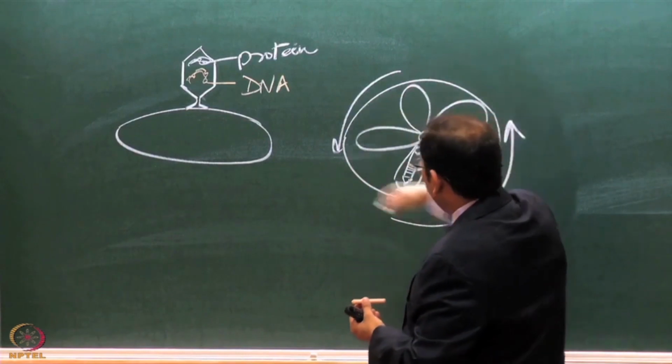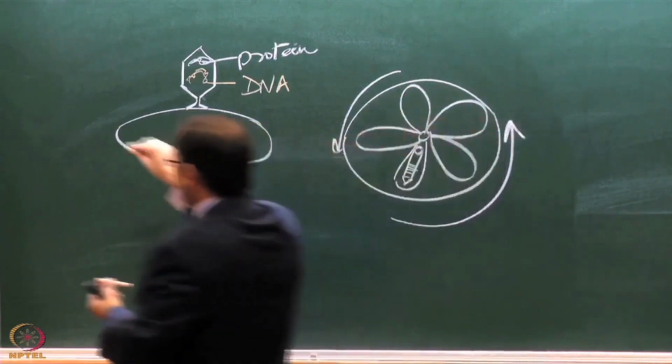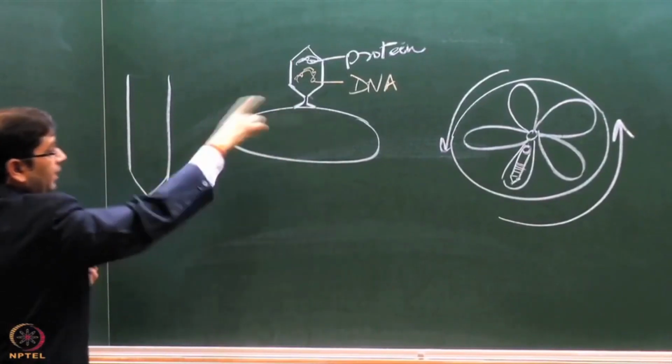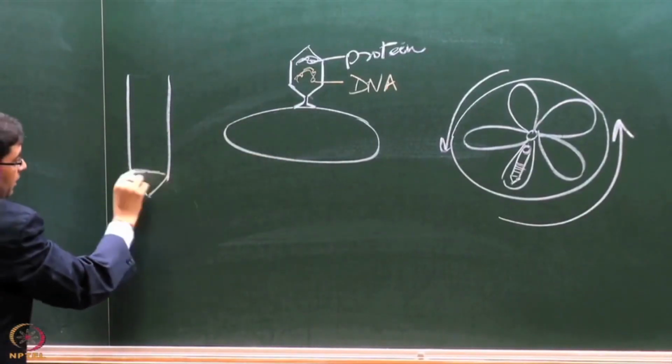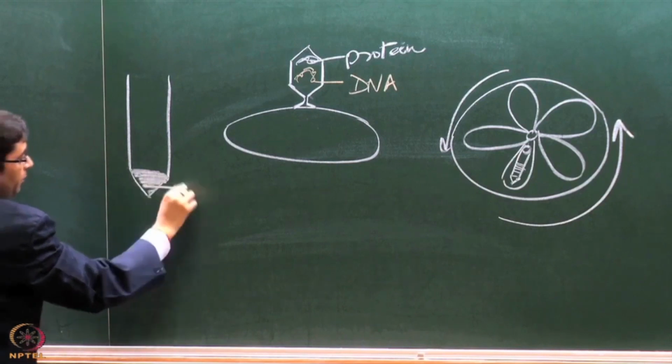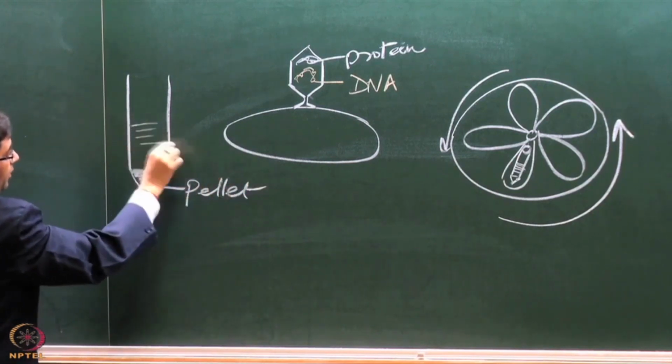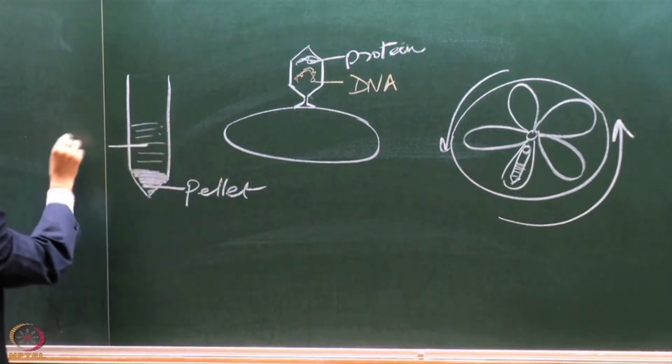Based on this speed, in this tube, whatever the bacterial membrane and the contents are will come as part of the bottom part, which will be the pellet. And anything which is liquid, the clear part, will remain as supernatant.